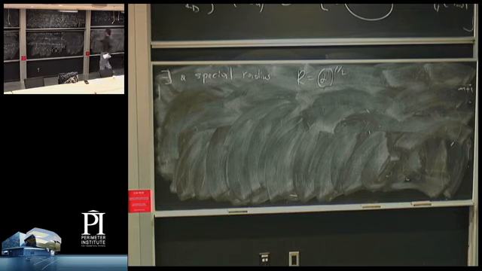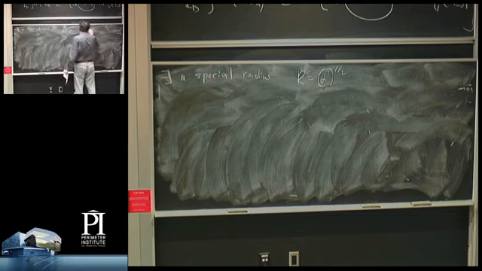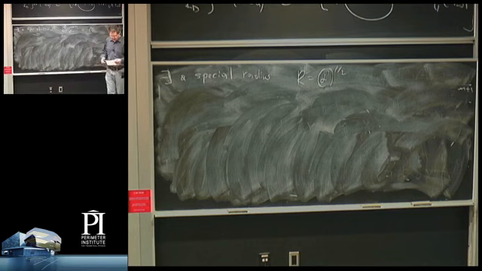There exists a special radius, and this special radius equals alpha prime to the 1/2. So the radius of the circle equals precisely the string length, right? The square root of alpha prime gives you the string length.